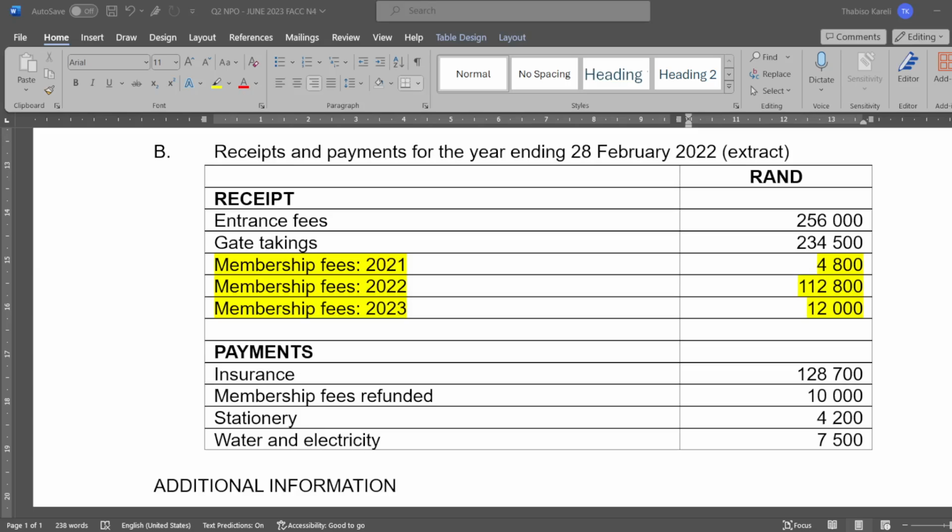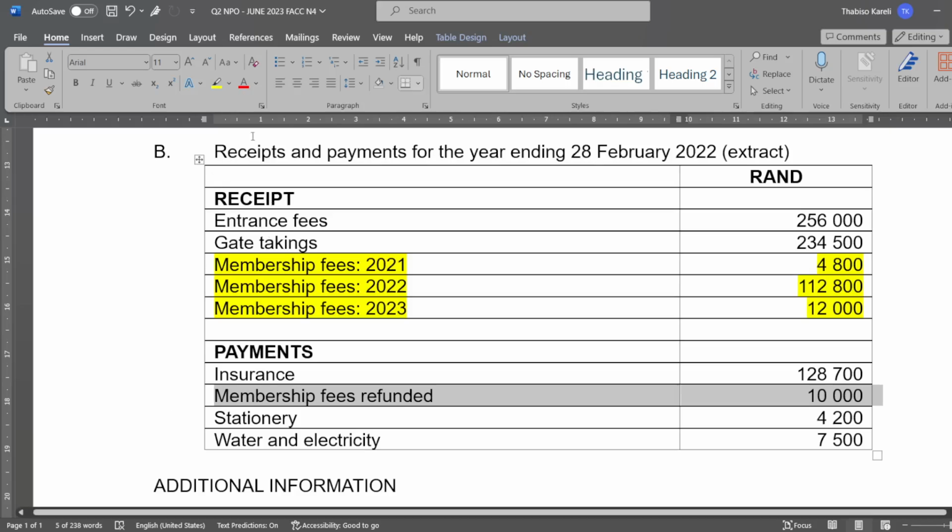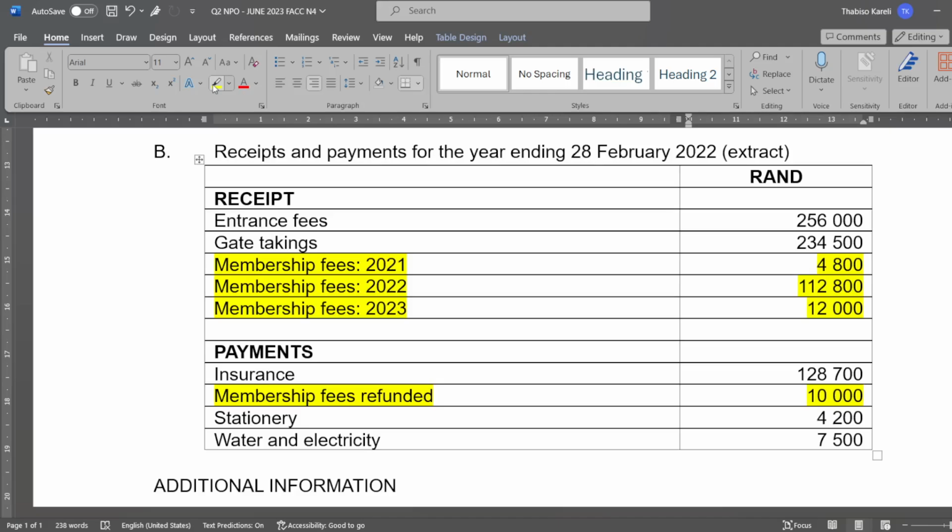So let's have this insurance, membership refunds. We have used it when we were doing membership fees, so we are not going to use it for this income and expenditure account. Therefore, we have insurance, stationery, and water and electricity.